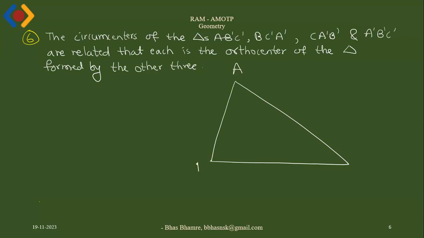Say this is our triangle ABC. Then A prime, B prime, C prime.